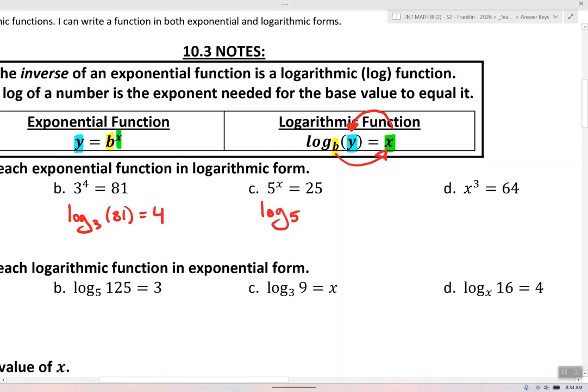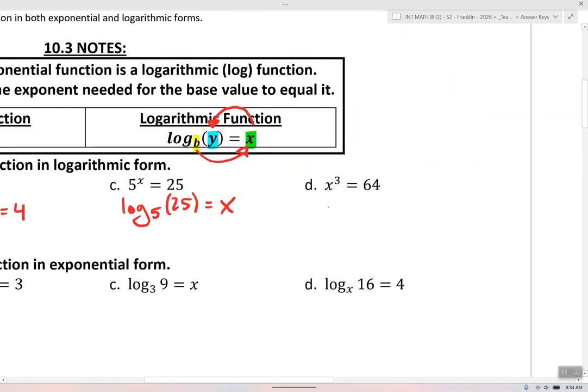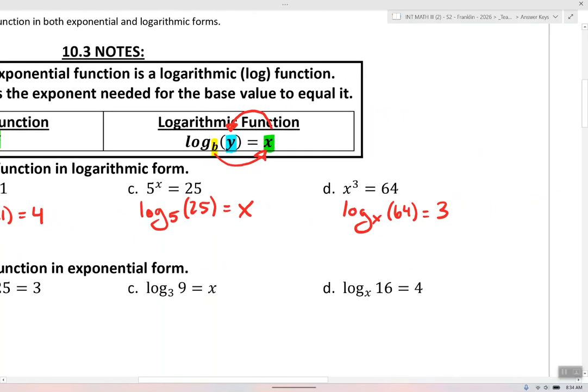We'll actually get to solving some of these later, but for now we're just rewriting them. And example D, we have log base x of 64 equals 3. So the log function equals the exponent needed for the base number to equal the number inside the log.